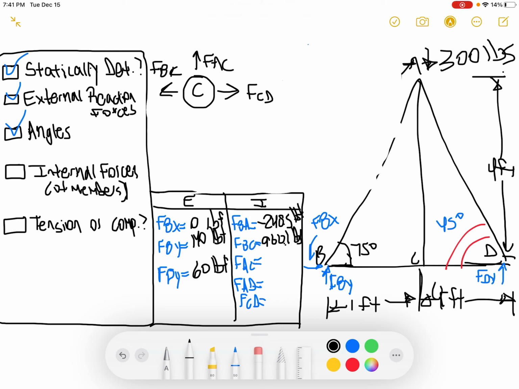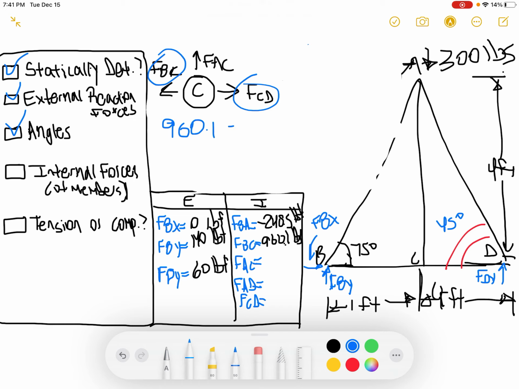So we need to do the sum of the x. For this one, the only ones that are in the x are FBC and FCD. So they need to be added together to equal 0. We already found FBC just a minute ago.